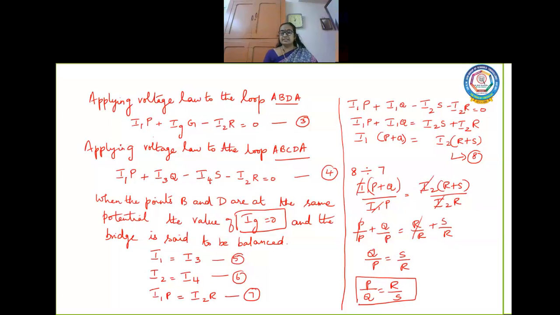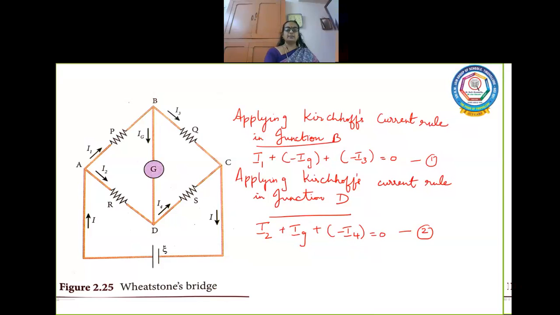Okay, now under this condition only, that is P by Q equal to R by S, in the sense the ratio of these two resistors is equal to the ratio of these two resistors. So in this condition where the potential is going to be the same along this junction, the galvanometer will show zero deflection.